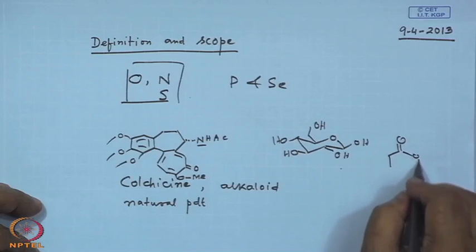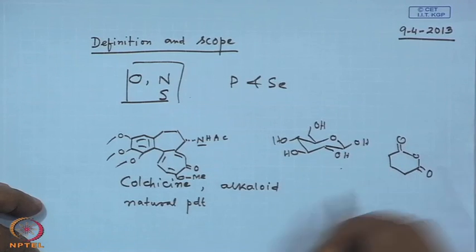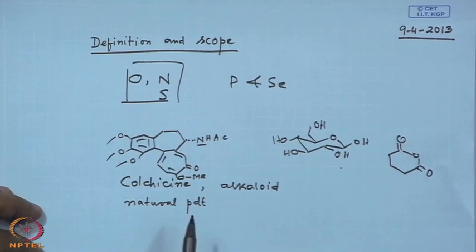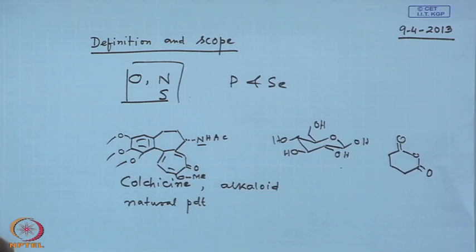Let me take you to another molecule. I think all of you know what it is. It is a cyclic anhydride. So, is it a heterocyclic molecule? This is glutaric anhydride.